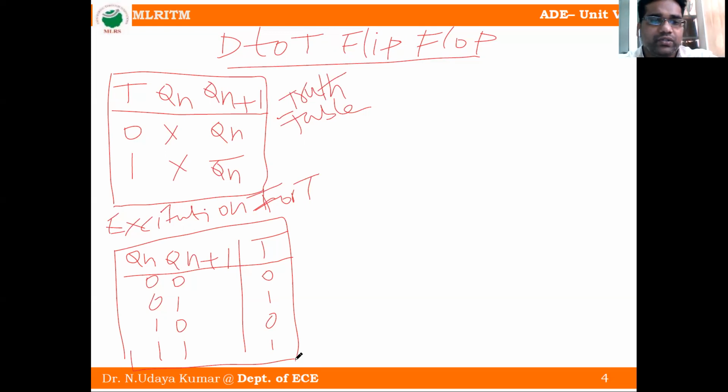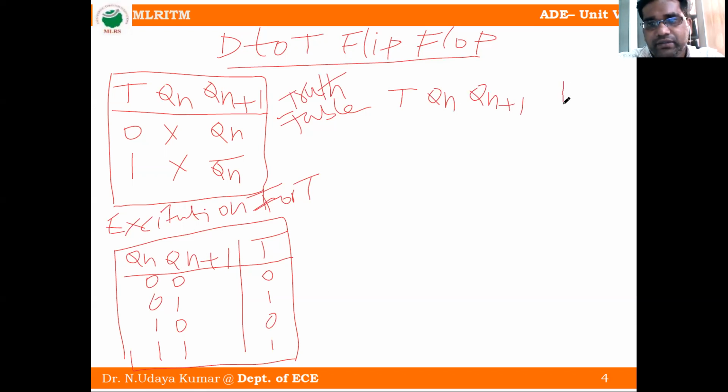While conversion, we have prior knowledge about the truth table and excitation table. Already we derived the truth table and excitation table for each flip-flop. After that, we have to extend the truth table. Here don't care means either 0 or 1, so we have to extend it. This one is T and Qn+1.